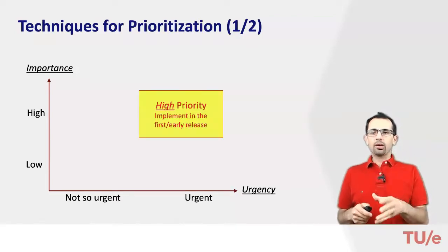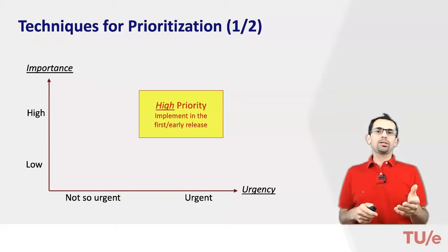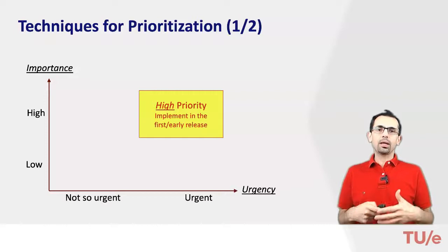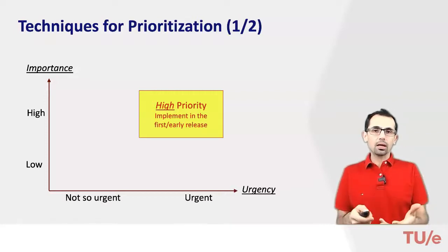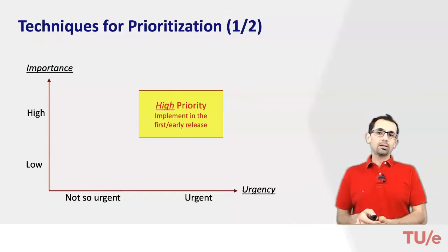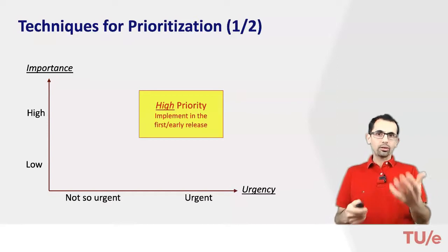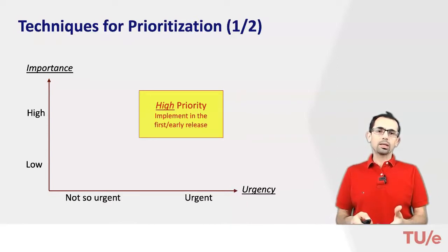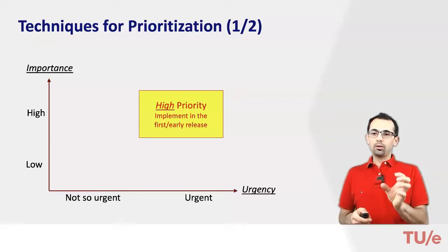Let's define that. High priority and high urgency: urgent and highly prioritized. Obviously, you have to immediately start tackling these requirements and implement them in the first releases, as early as possible.